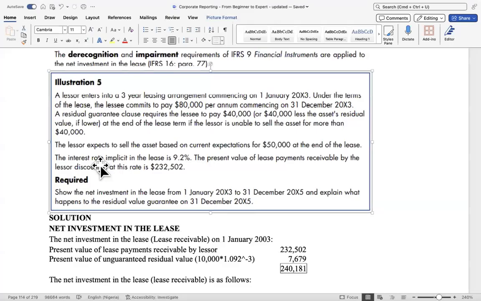That means there's a portion of unguaranteed residual value equivalent to 10,000. They gave us the interest rate implicit in the lease, 9.2%. Basically what we do with this 9.2% is to get our finance income. And like I told you, they would always give you the PV of lease payments in the question.